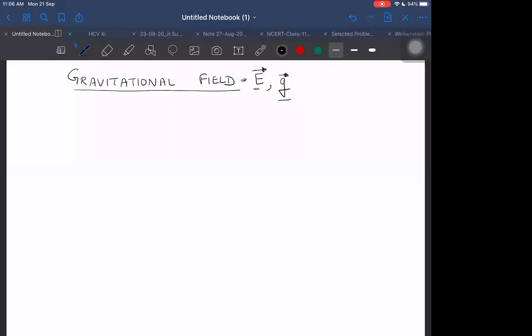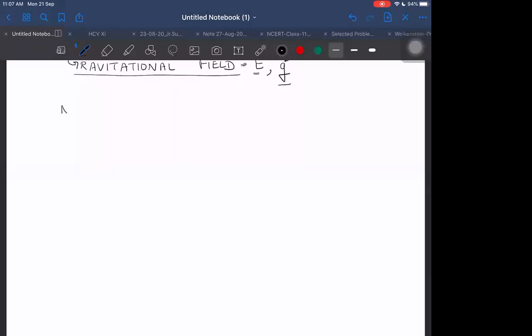Before I start telling you about E, let me start with Newton's law of gravitation first.